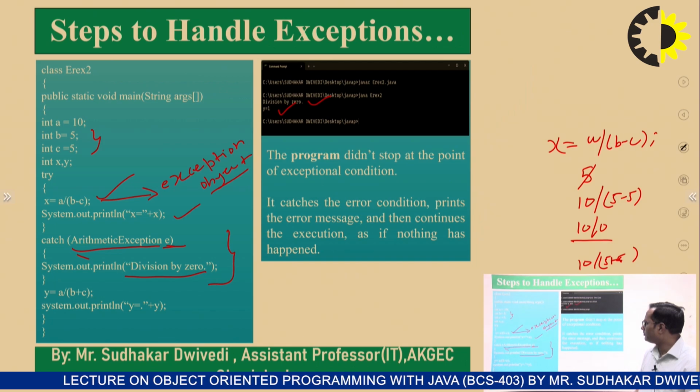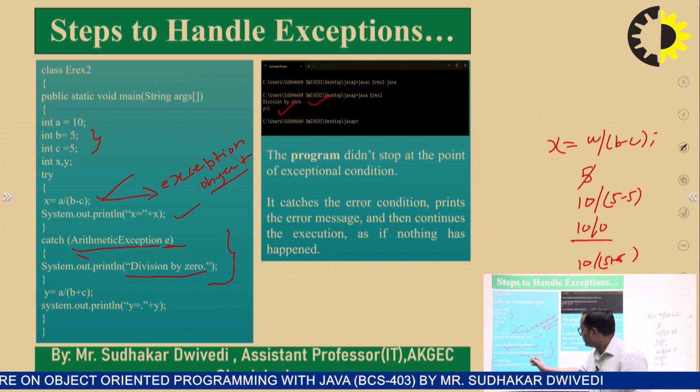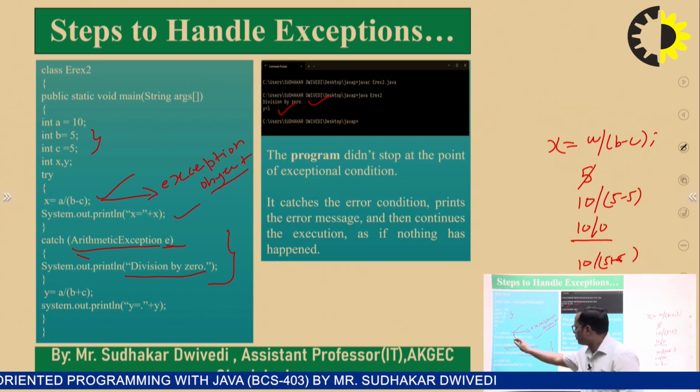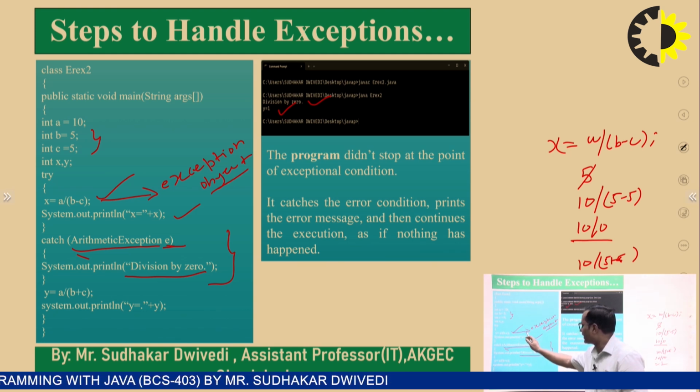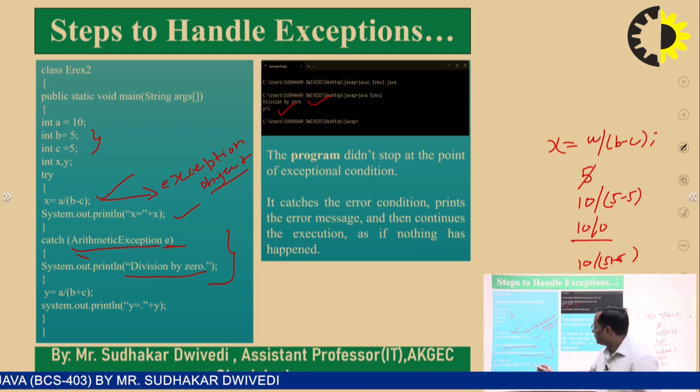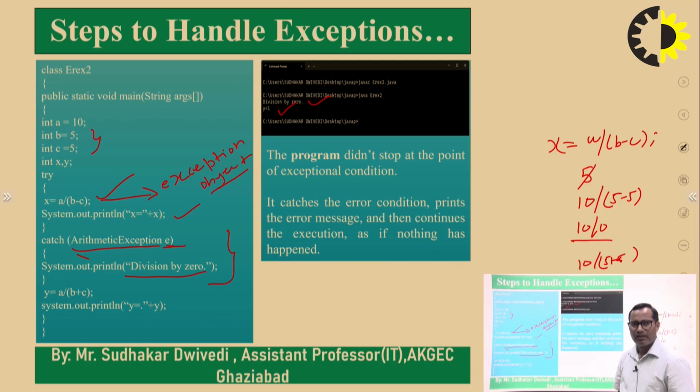So what happened? Suppose whenever this code is executed, it will create an arithmetic exception. This type of object is matched against the catch block, and the catch block that matches will be executed. Here this code has only one catch block, and it has arithmetic exception, which matches this type of exception object.